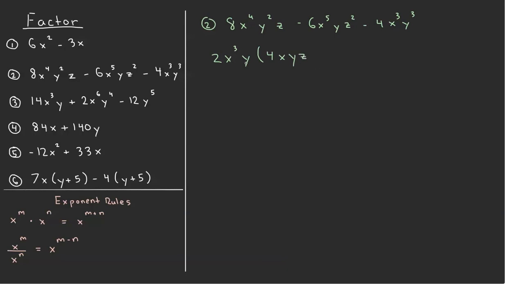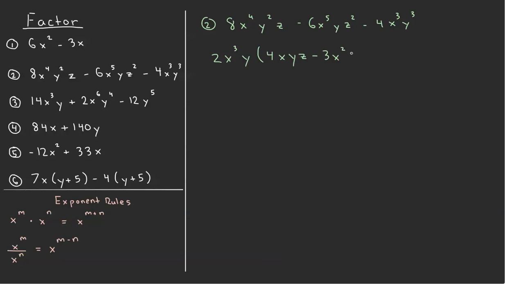So 2x cubed y times 4xyz should give me this expression here. Next we have a minus sign, so we drop our minus. 2x cubed y times what will give me 6x to the 5th y z squared? Well, 2 times 3 will give me the 6. X cubed times x squared will give me x to the 5th. Y times what will give me y?